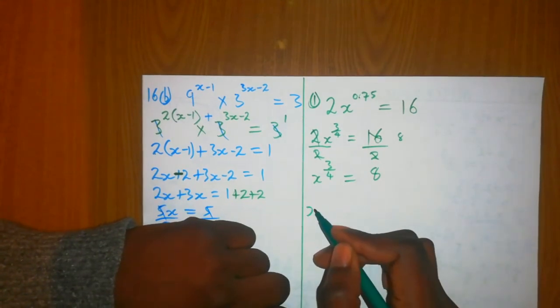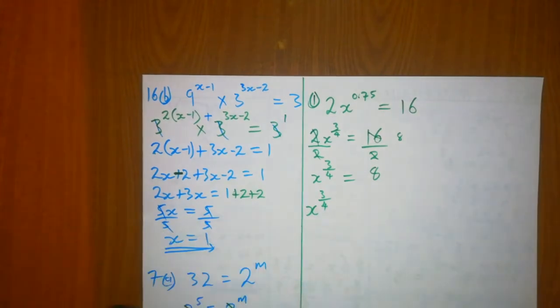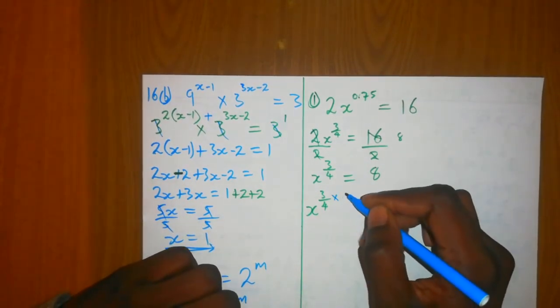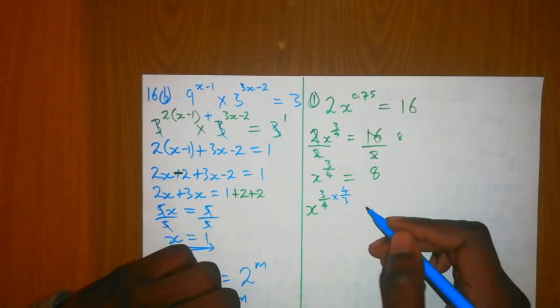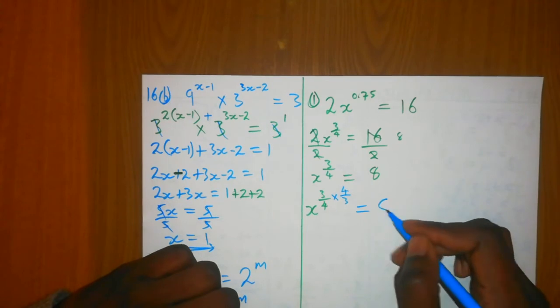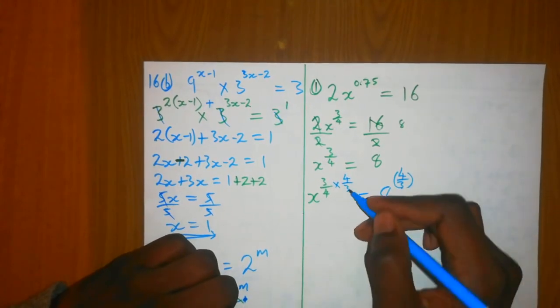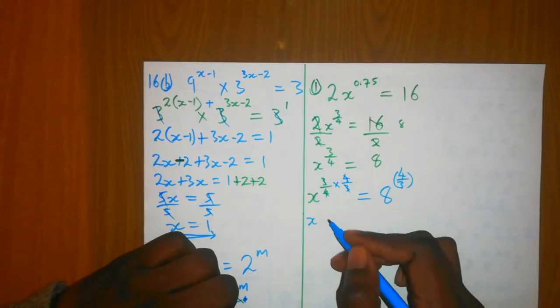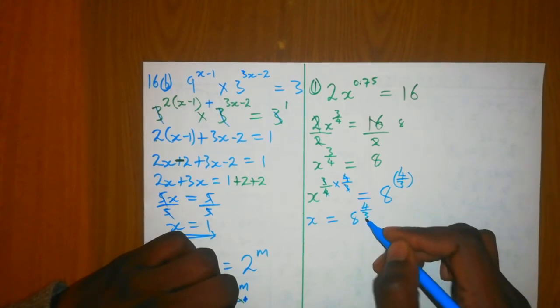Then I'll be forced to convert that one. x to the power 3/4 is supposed to be multiplied by 4/3. Because I've used this on one side of the equal sign, I'm supposed to use 4/3 on the other side too, so that it cancels there. So now x is equal to 8 to the power 4/3.